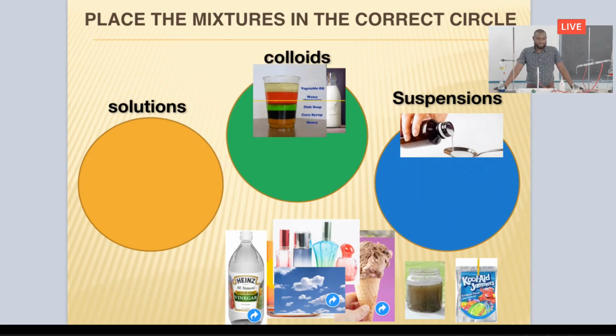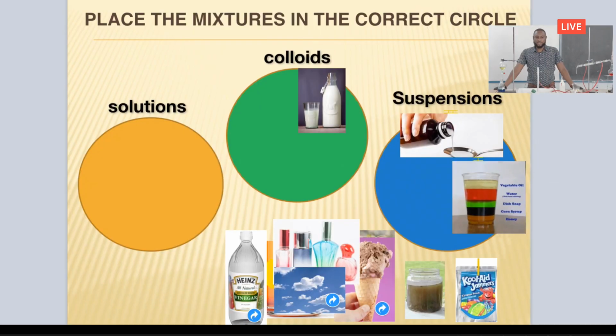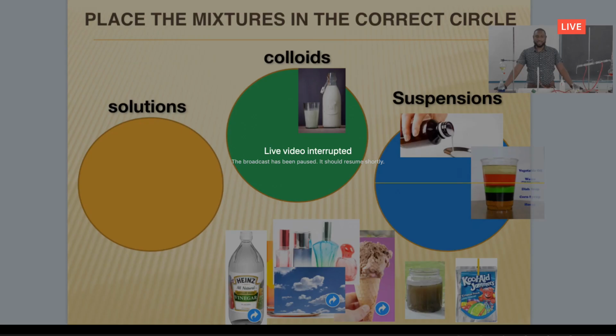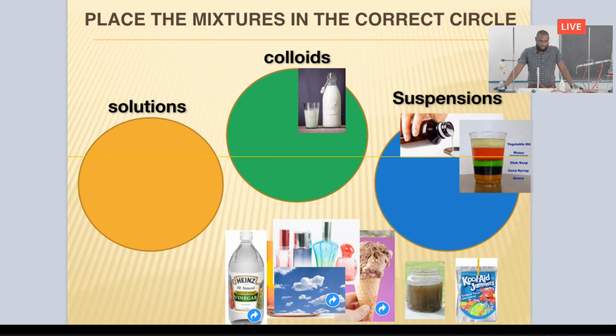It's a suspension. Exactly. Because when left to stand, it will settle out. Next.